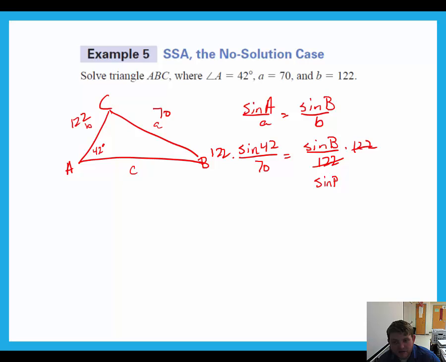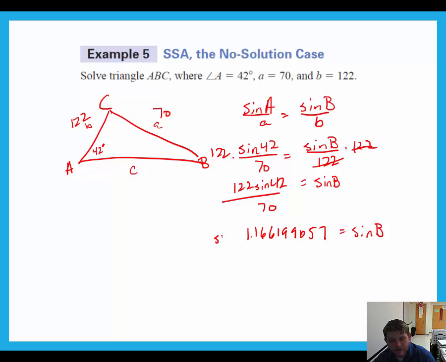We get sine of b is equal to 122 sine 42 all over 70. Well, when you calculate that, 122 sine of 42 divided by 70, you are going to get 1.166199057, and that is sine b.